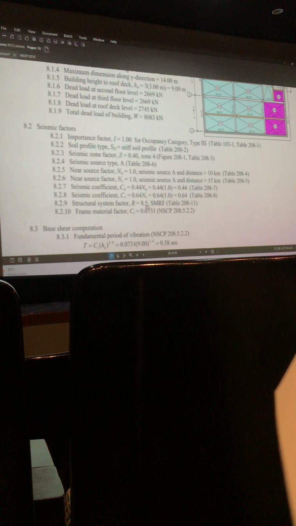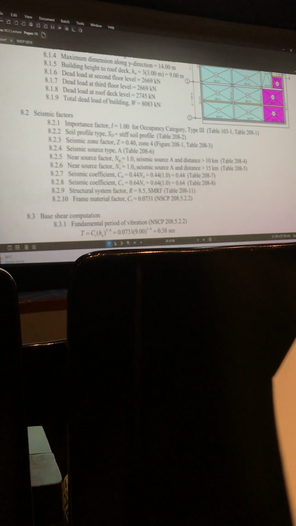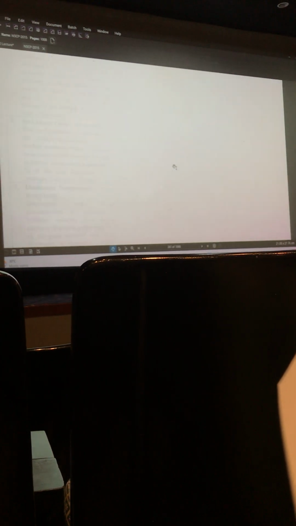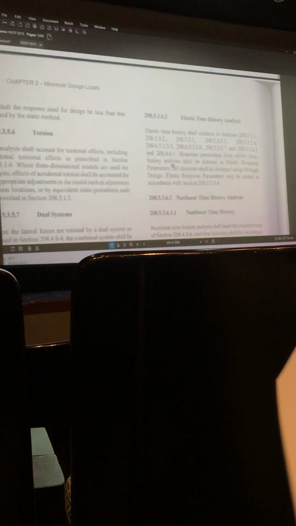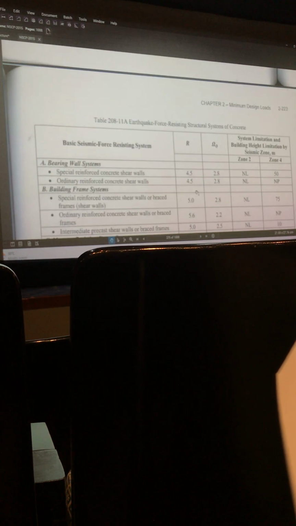Naglado na siya ay certain amount of ductility. So to determine the structural system factor, we consider a table there, no. Okay, so magsugod ta siguro na ini.